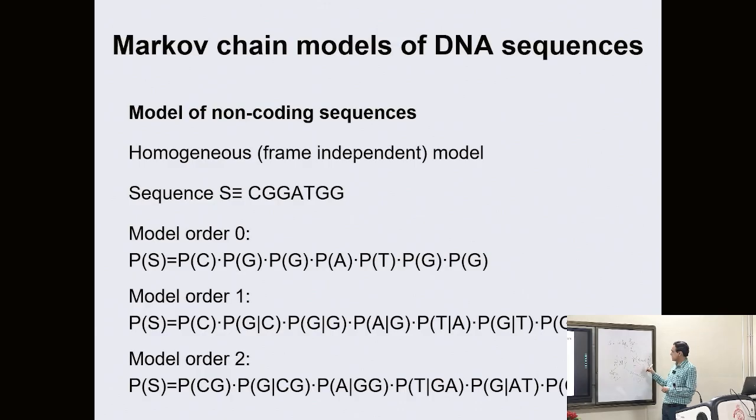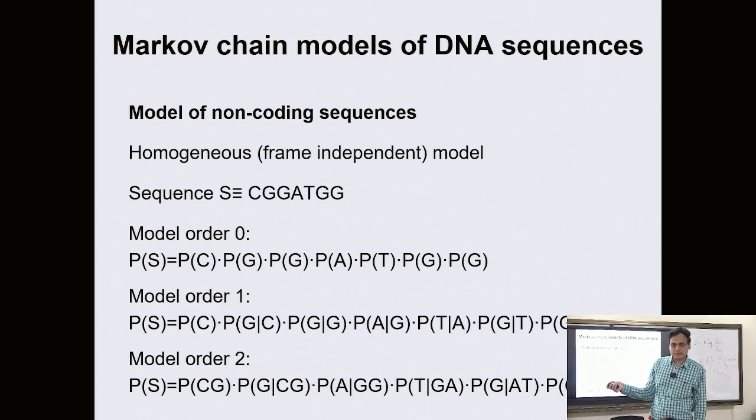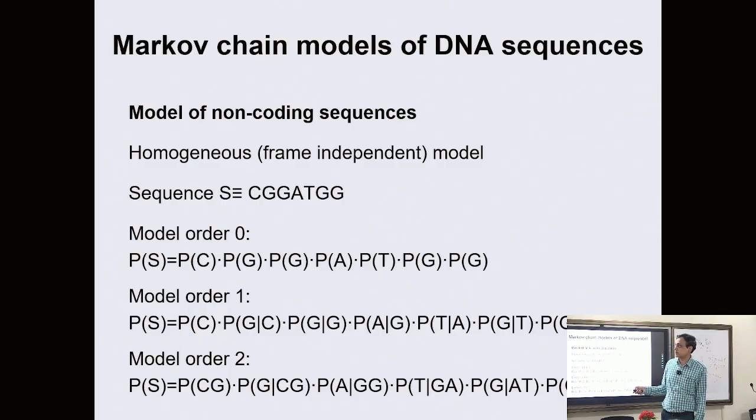Okay, so the probability of A and B when A and B occur independent of each other is the probability of A multiplied by the probability of B. The multiplication rule for probability. So if each of these bases occur independent of each other, then the probability of S is the probability of C multiplied by the probability of G multiplied by the probability of G, and so on. The last is the probability of G.